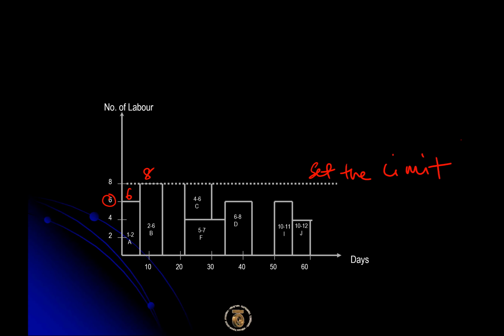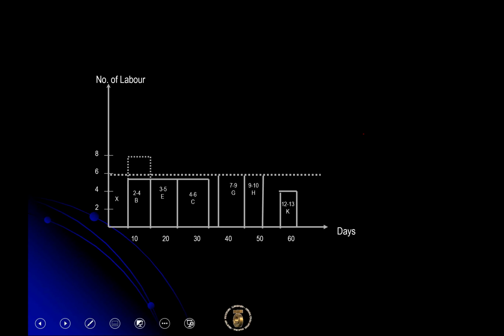So leveling means we set the limit. How many workers do we want to set at all times? Let's assume we set 6 workers at all times.